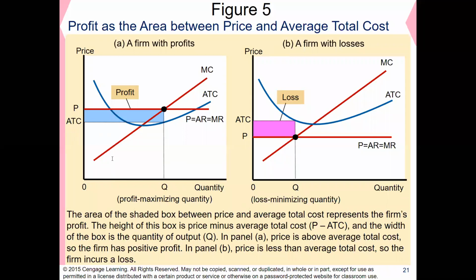Right here, marginal revenue is equal to marginal cost, at the same time equal to P, equal to average revenue. And this is the time when the profit is maximized.